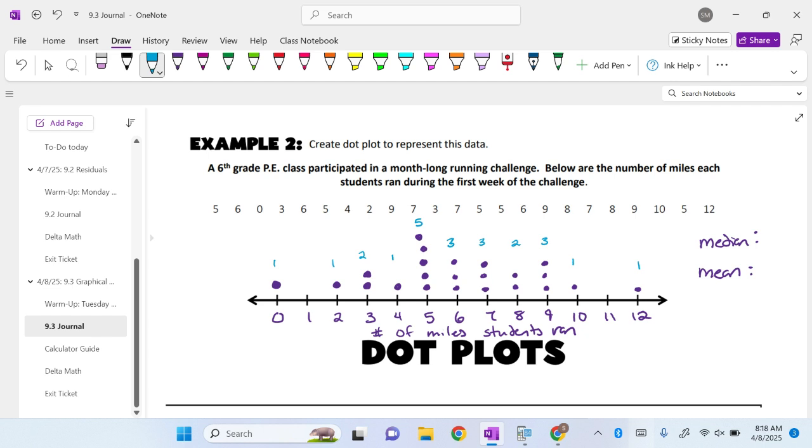So guys, if I walk around, I should see that dot plot at the very least. This is not an option. You need to practice this.